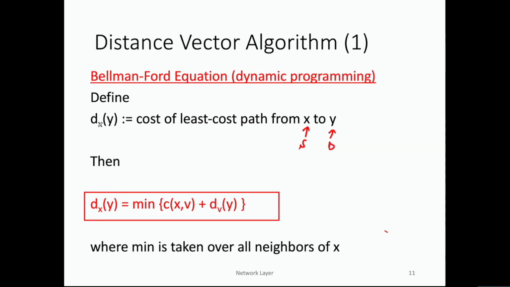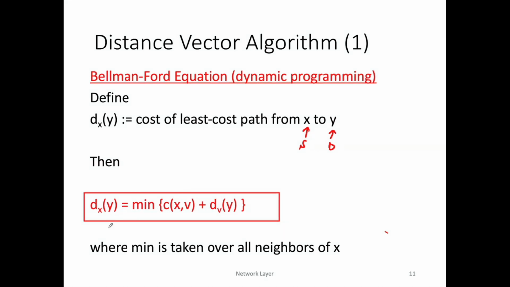So how can we compute the least cost path from x to y? Yes, the least cost path from x to y is in fact a minimum of the cost to reach from x to its neighbor v, plus the least cost to reach from its neighbor v to destination y.